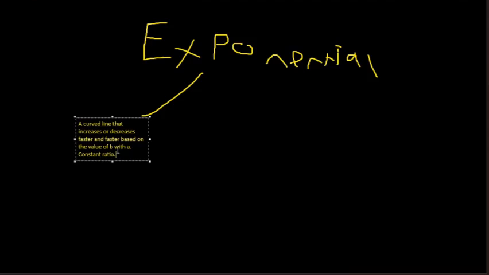So you multiply or divide by the same number. What that means is that it's more about powers and stuff like that, so we'll get into that soon. It can also be defined as a line that increases larger and larger after every x point.